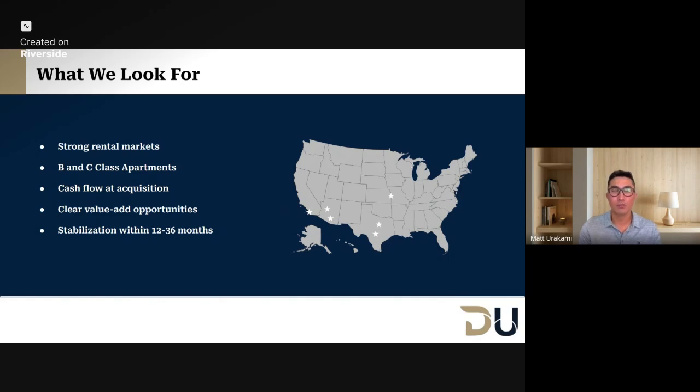Clear value add opportunities come from the renovations and being able to increase rents and operational efficiencies through that project. As long as there's a clear path forward to execute a business plan, and we as the sponsors can underwrite that and are comfortable with our projections, then it's an opportunity worth moving forward on.